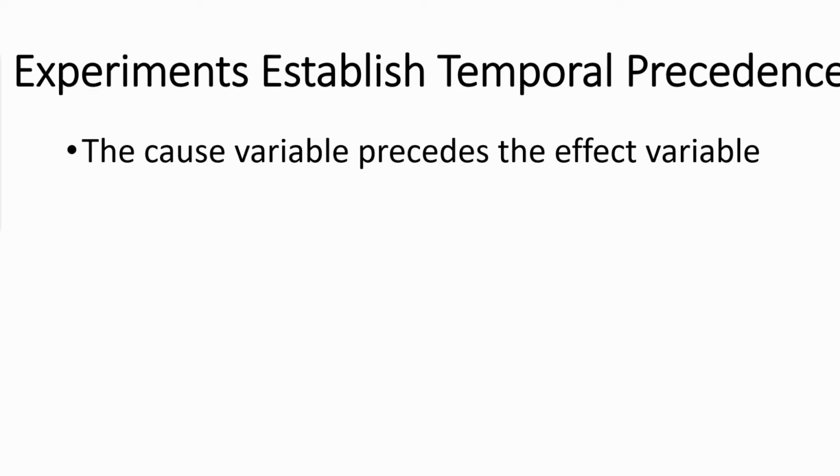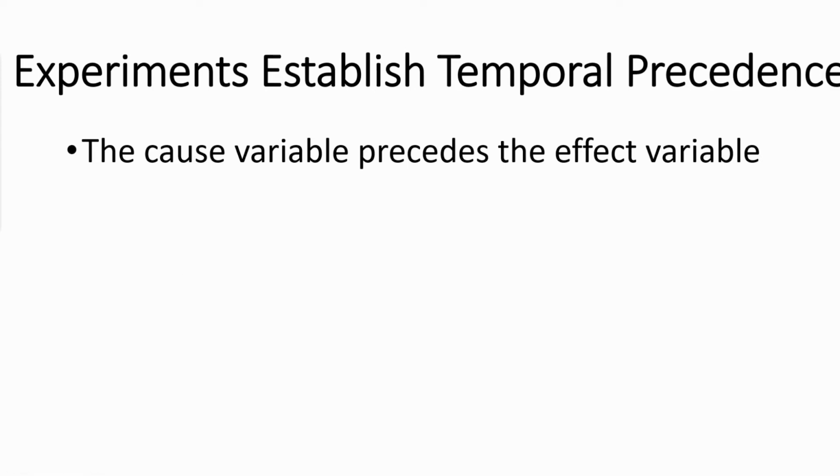So researchers make sure that the cause variable, the independent variable, the one that you are manipulating, comes first. Then we measure the effect variable, the dependent variable, and we see how it changed depending on that original manipulation.